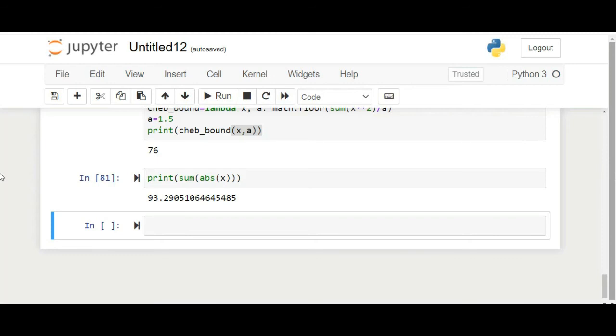Now we will talk about distance, how to find the distance of two vectors by using Python.